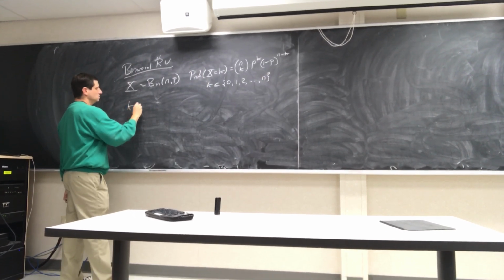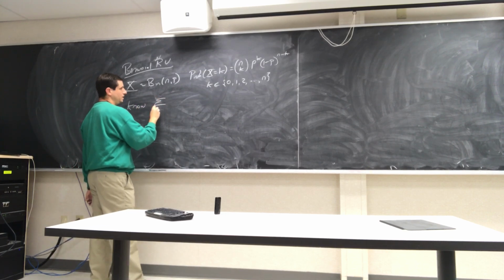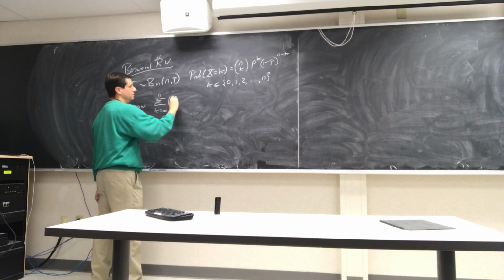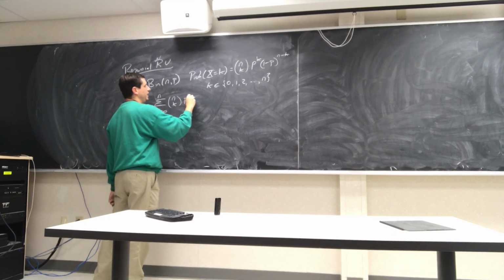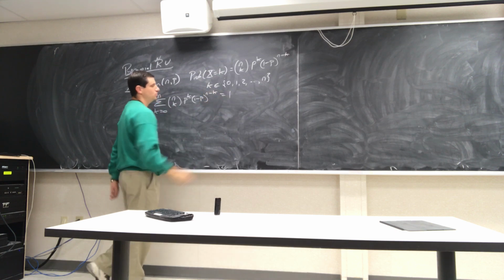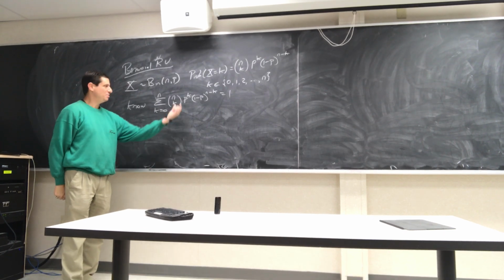So we know that the sum, k goes from 0 to n, of n choose k, p to the k, (1 minus p) to the n minus k, equals 1.